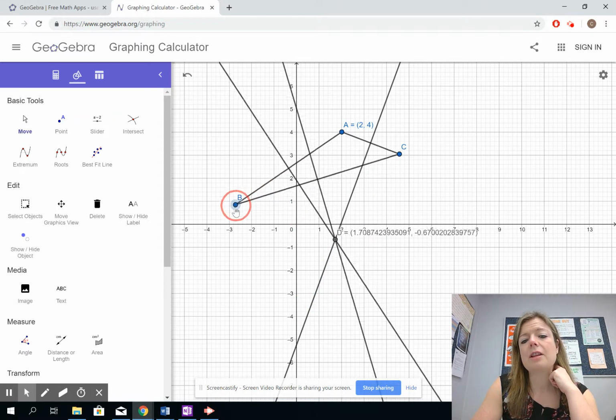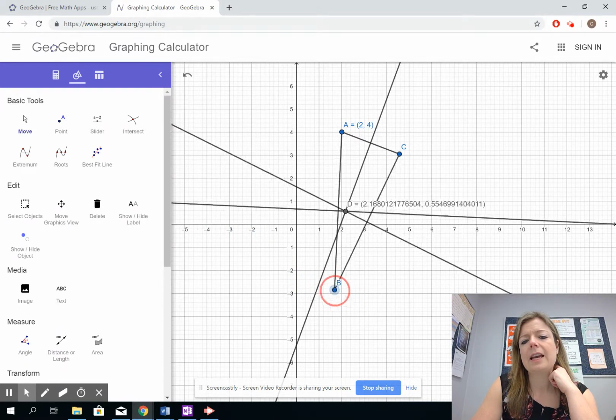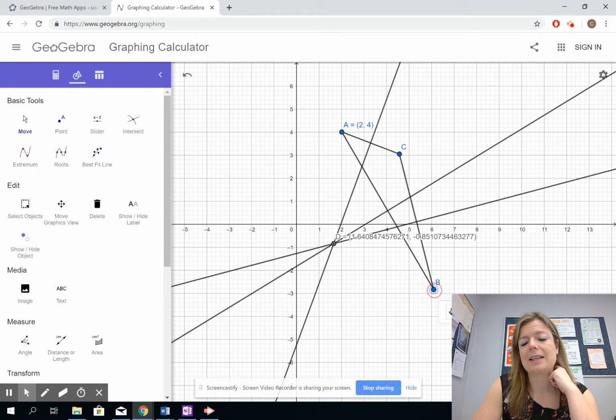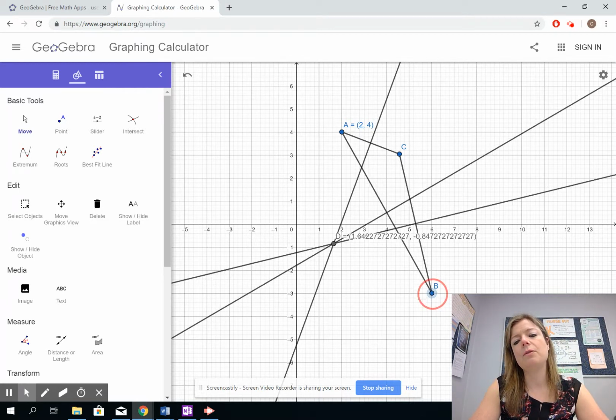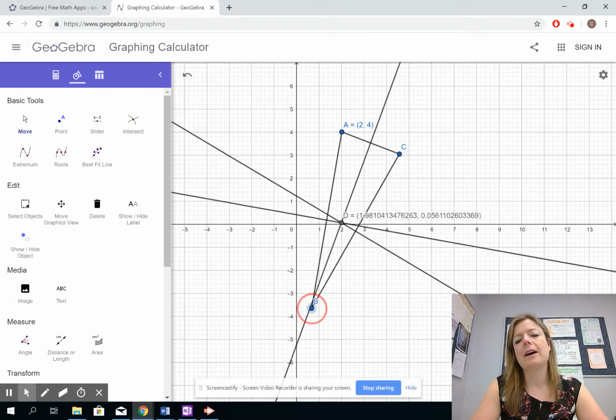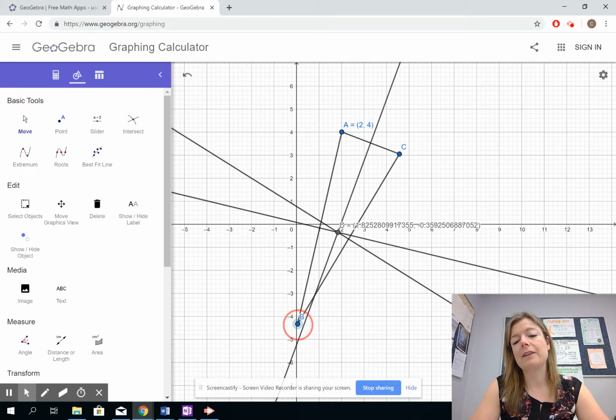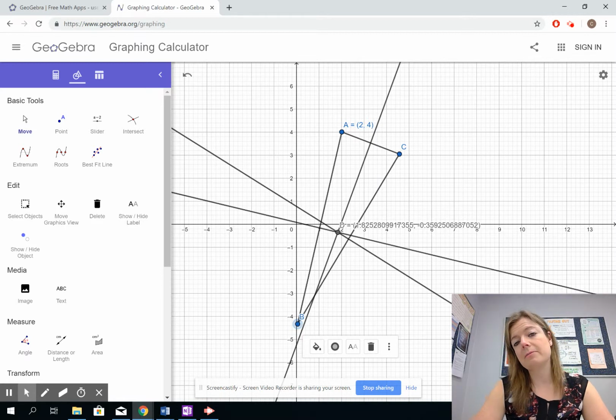Okay, now what is special about this point is that it is equidistant from all 3 coordinates. So the distance from this point D to A is the same as D to C, which is the same as D to B. So if you want to locate something an equal distance from 3 different locations, you would find the circumcenter and plot it there.